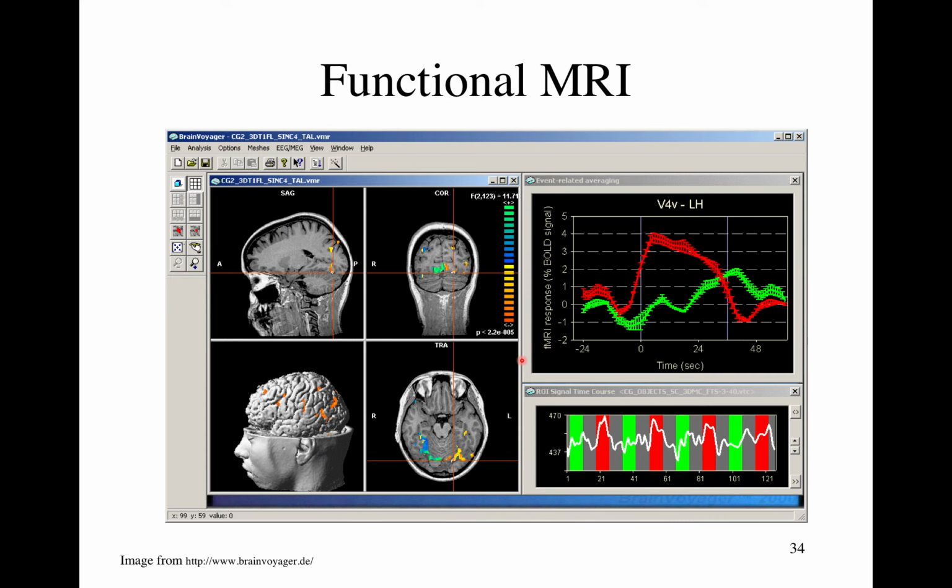Another thing that I just touched upon earlier is that if you image with specific timing with the MR imaging system and blood flow changes dynamically to different parts of the brain, you will see signal go up and down, depending on the blood flow. Right?